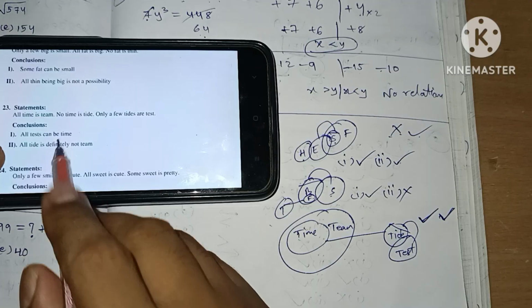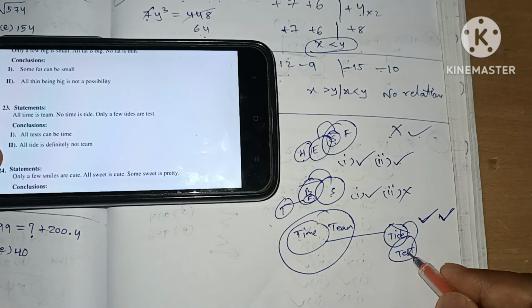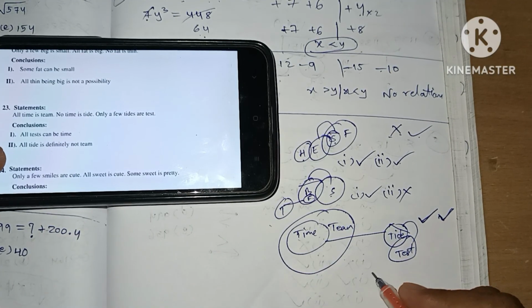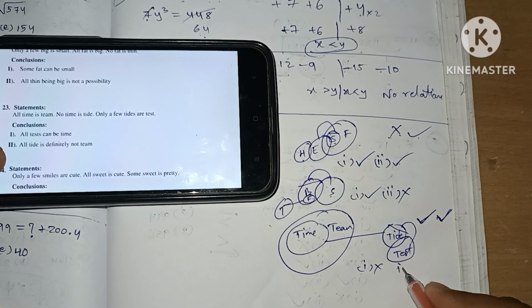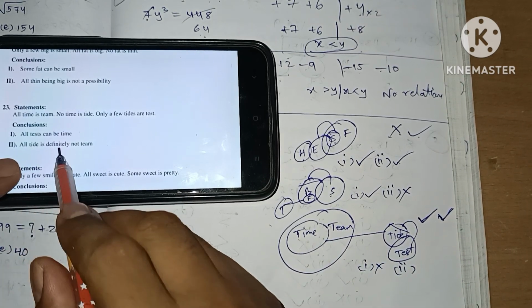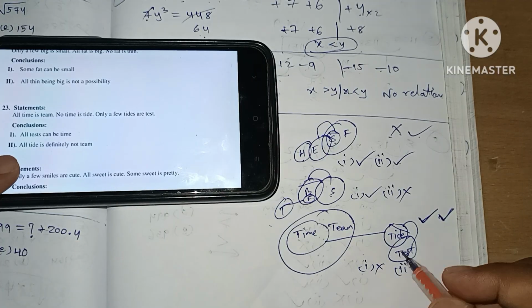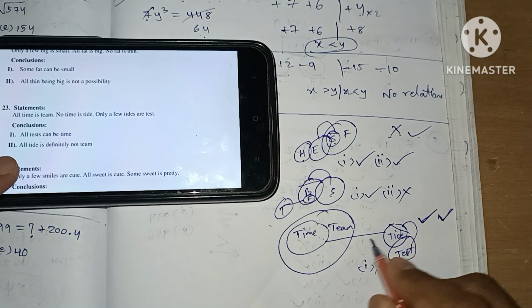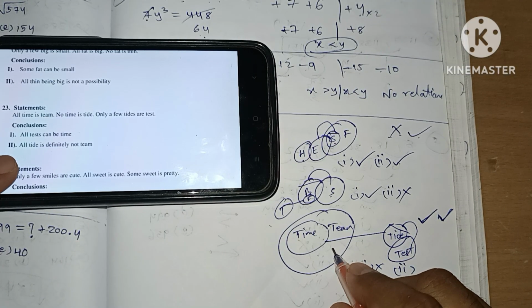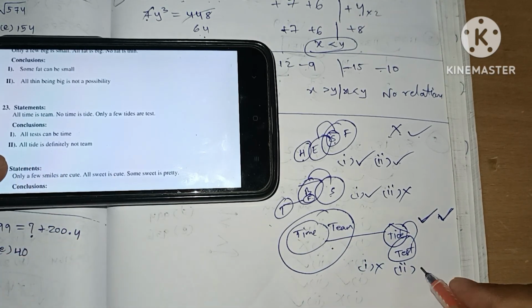All tests can be time. All tests can be placed inside time. No, it is not possible. So the first conclusion is false. Second conclusion, all tide is definitely not. We see not here, so we check whether all tide can be team. All tide can be placed inside team. It is possible. All case possible means the all-not case will fail.